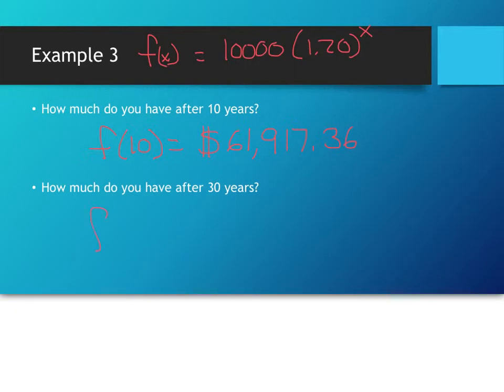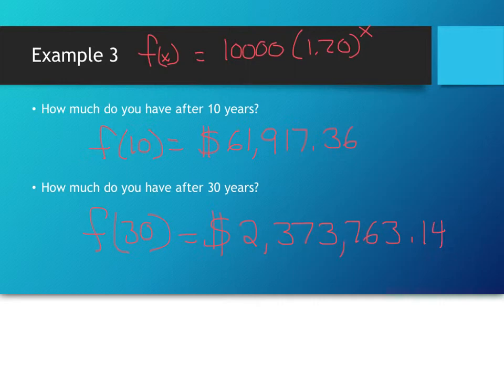Now, after 30 years, you're going to see a drastic difference from the previous example. After 30 years, I get 2,373,763.14. All right.